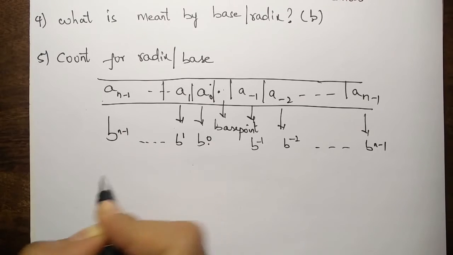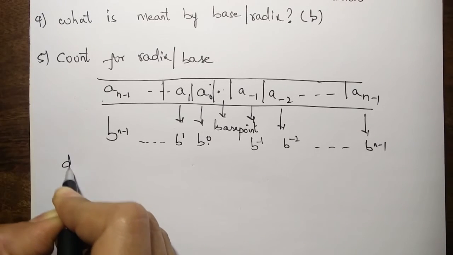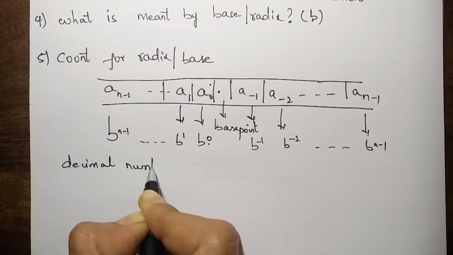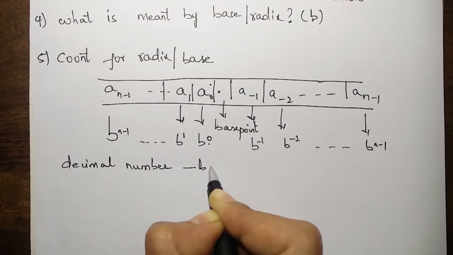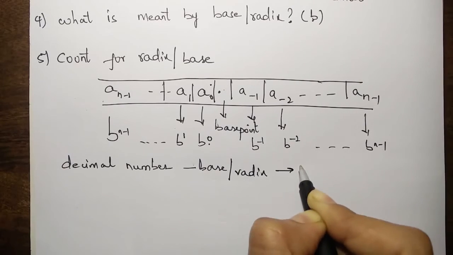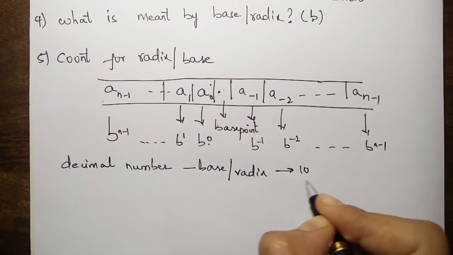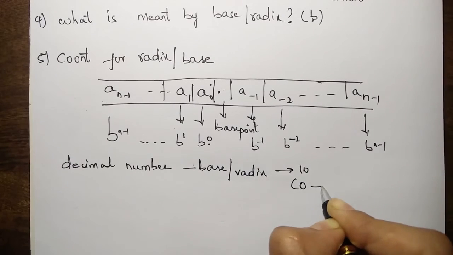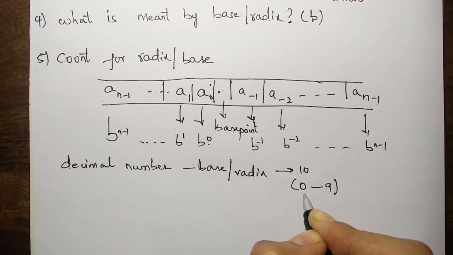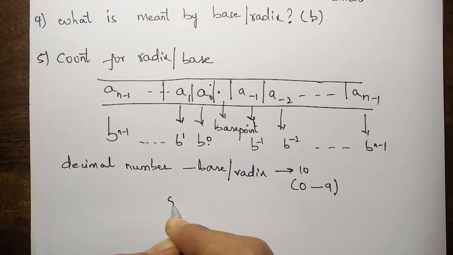For example, consider the decimal number system. The base or radix value is 10. It means it should carry numbers from 0 to 9. So whatever numbers come in between 0 to 9 form a decimal number. For example, consider 5134.